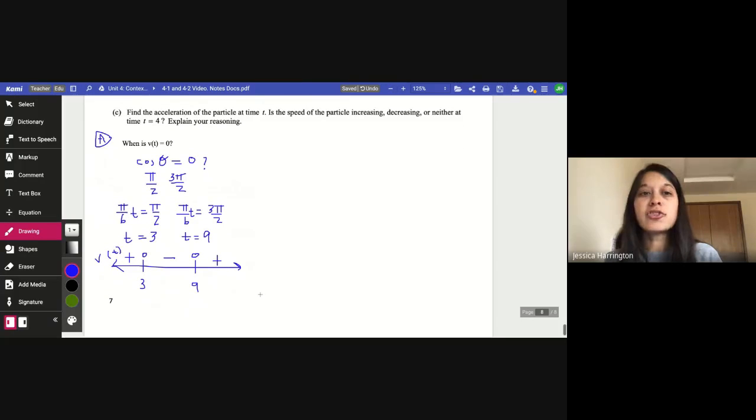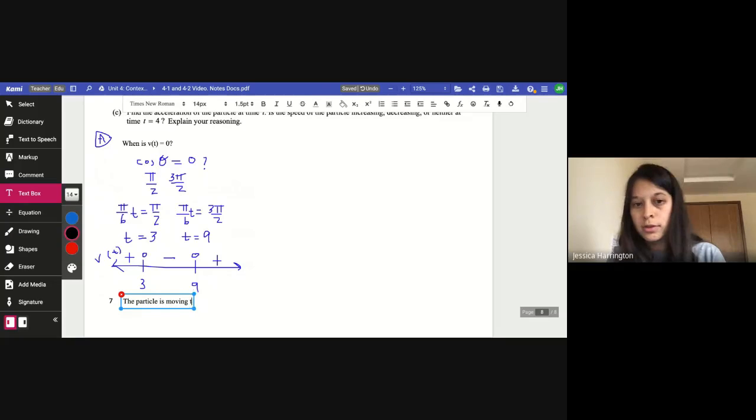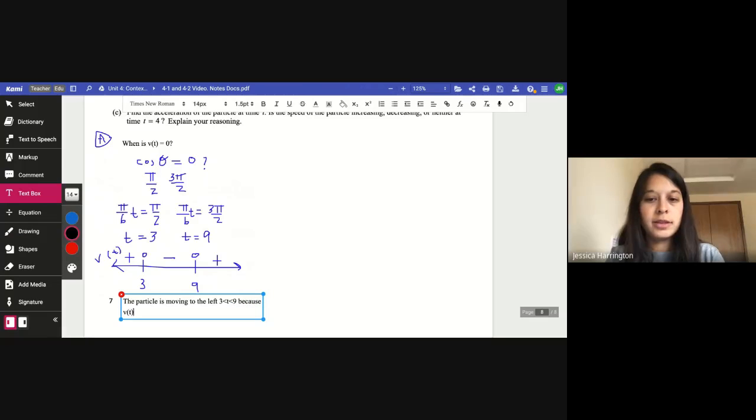So based on my sign chart, for part A, when I had to find out when the particle is moving to the left, or when the velocity is negative, I'm going to say the particle is moving to the left when t is between 3 and 9, because v of t is less than 0 on this interval.